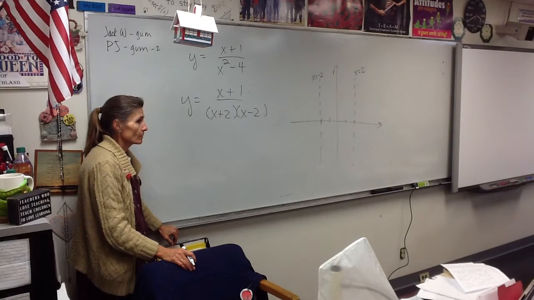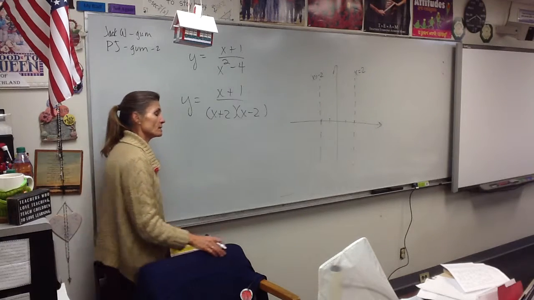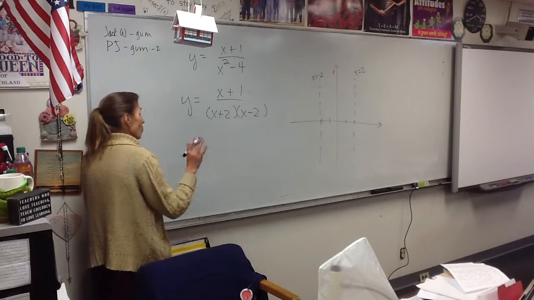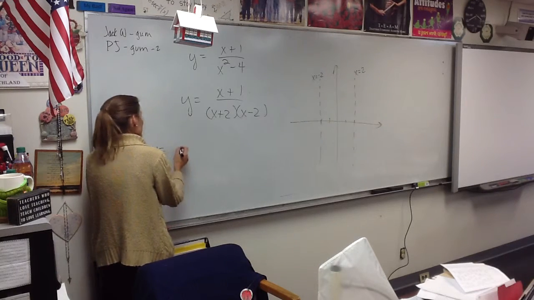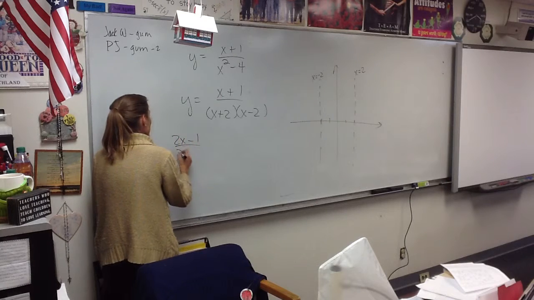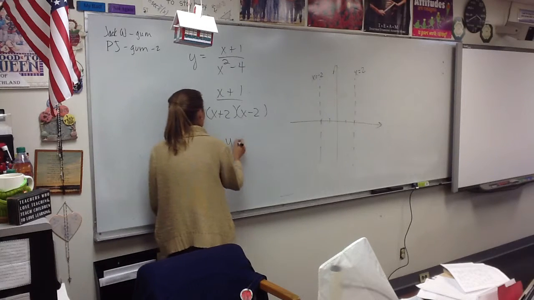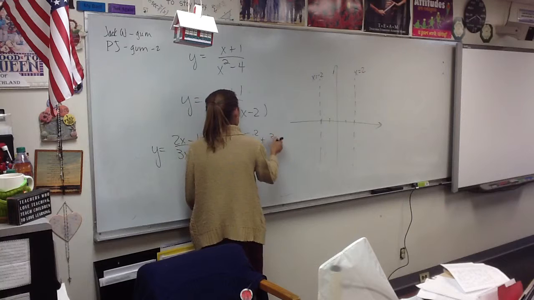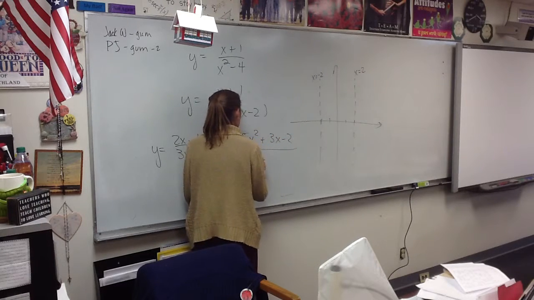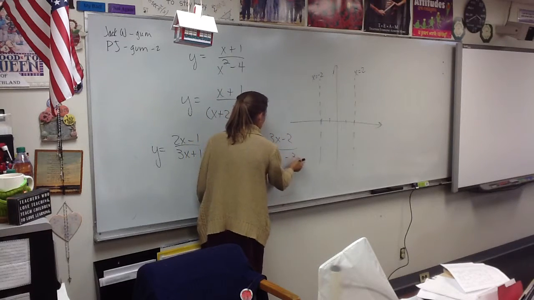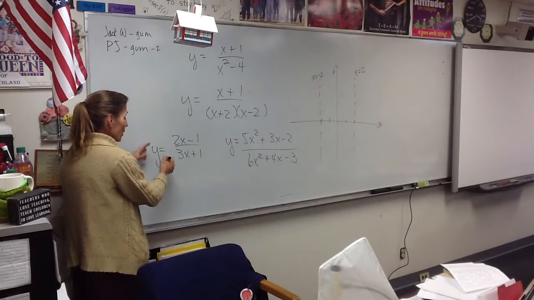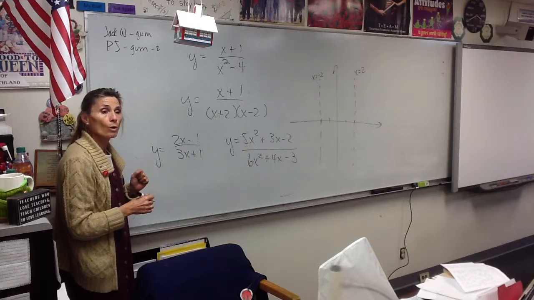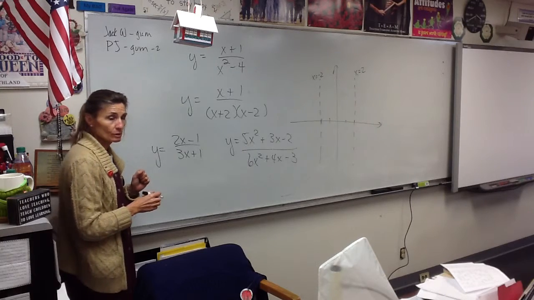All right? Now, I want you to put your pencils down for a minute. I want you just watching and listening for a second. I don't want you writing all these down. It'll just confuse you when you look at your notes later, but I want you to look at this for a second. Now, if I said to you, for this problem right here, where is the horizontal asymptote?